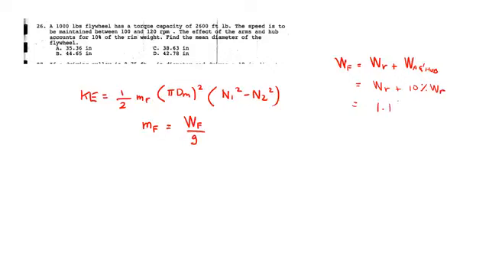So 1.10 times the weight of the rim is equal to the weight of the flywheel.